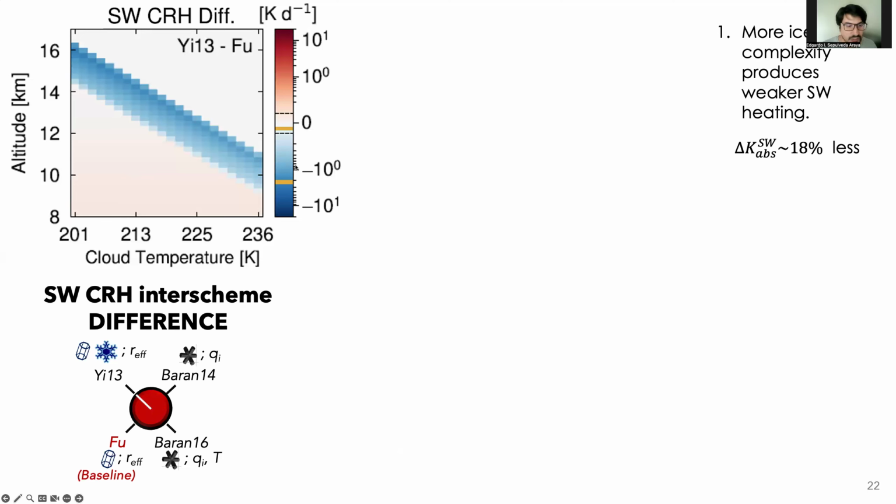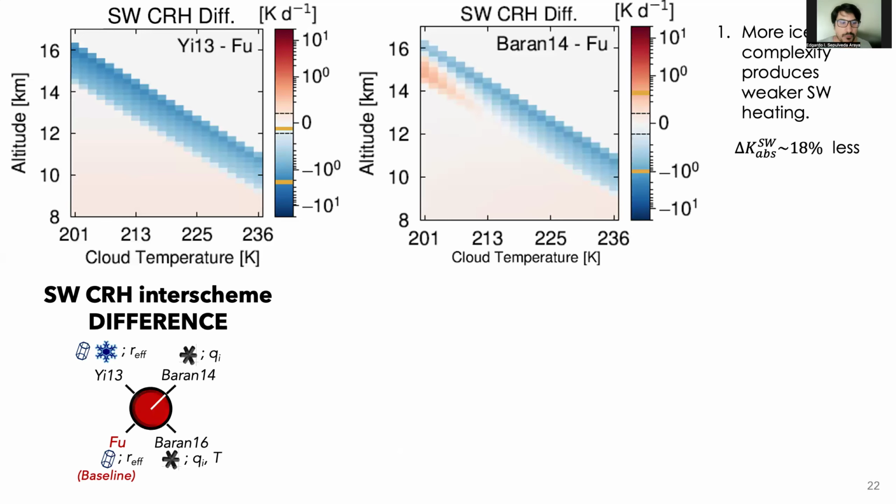The more interesting stuff happens when, for example, we study the Baran 14 scheme. Remember, the difference now is that we have another kind of ice crystal complexity, bullet rosette aggregates, but I think the most interesting difference is that we are changing the input of the parameterization.